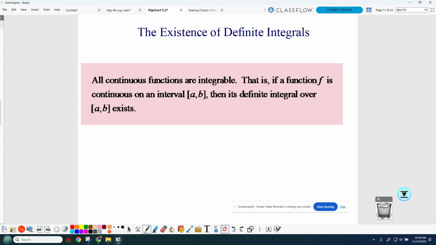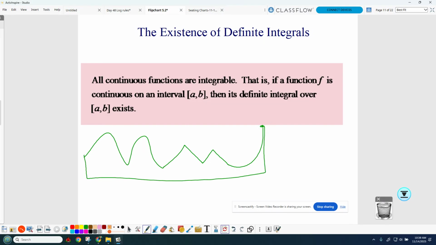So this thing says every continuous function you can integrate. Doesn't have to be differentiable, but if you can draw it without picking your finger up, you can find the area under there. And here's potentially irritating news.